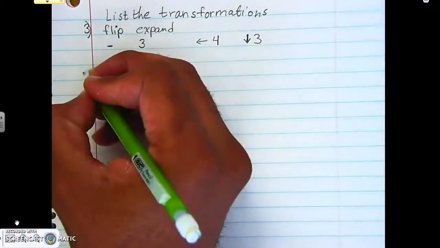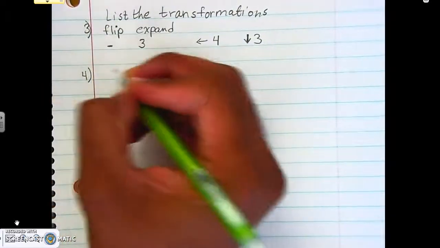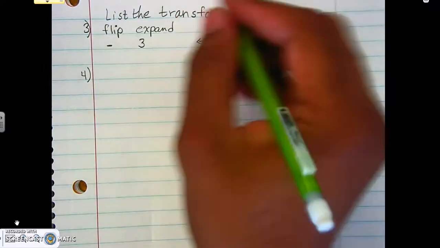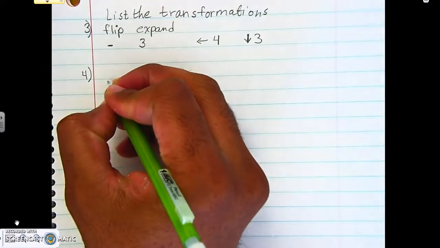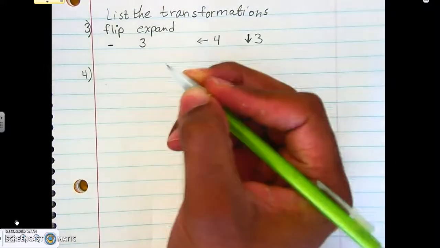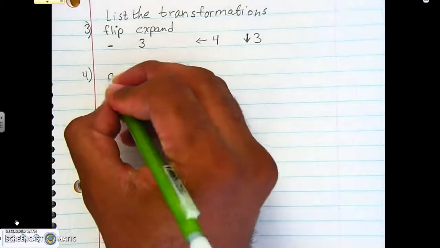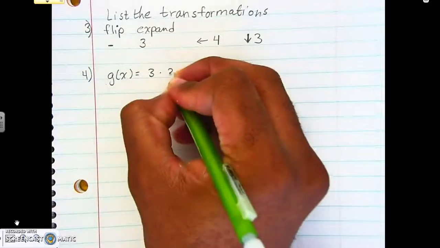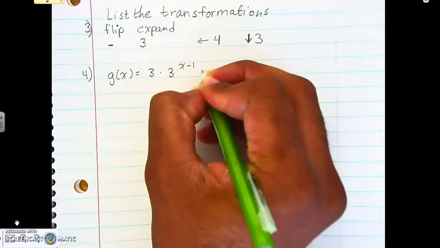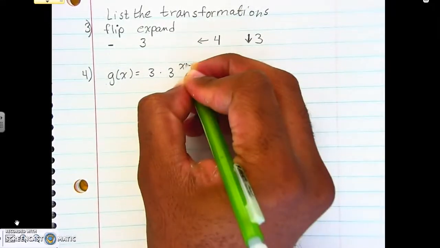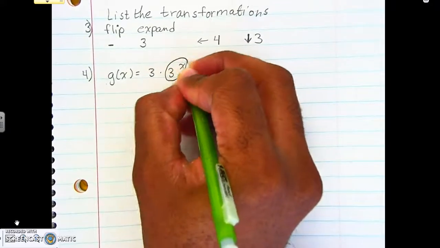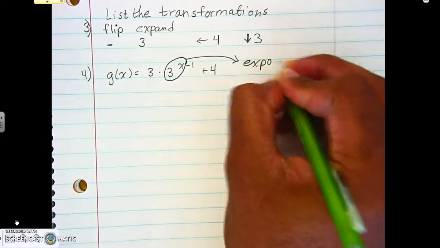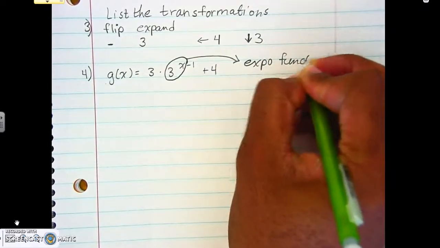Okay, so then let's go to 4. We know that's an exponential one, so that goes back to the original function that we've been talking about. First off, I'm going to write that one down, because I don't want people to get lost again on which one is what. This part right here is our exponential function.